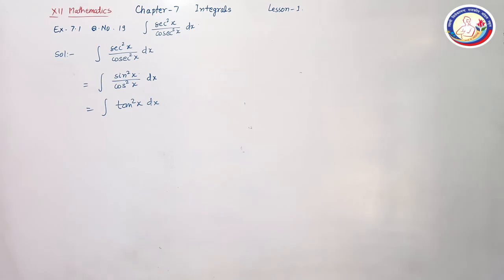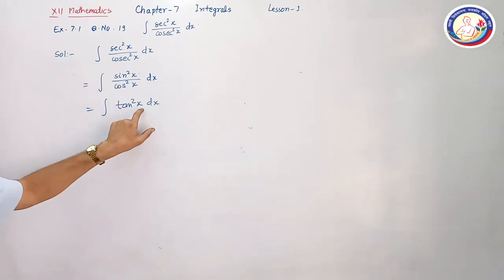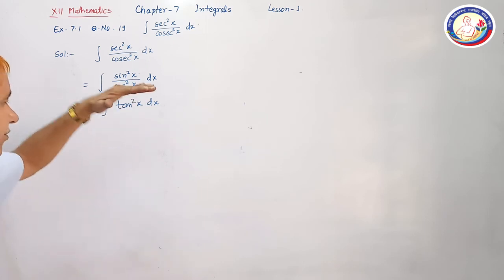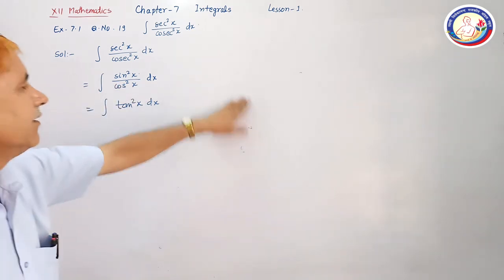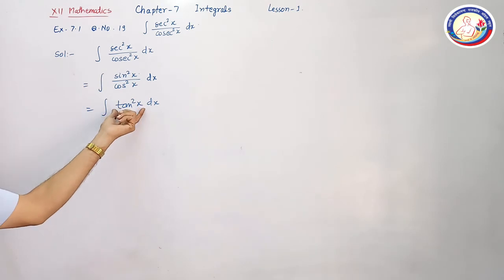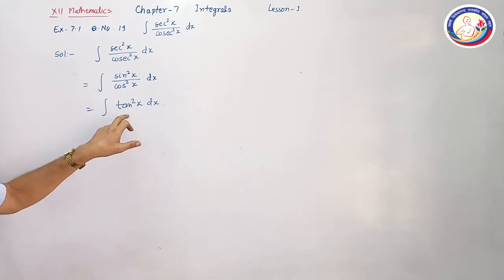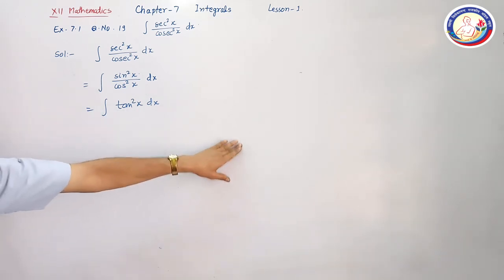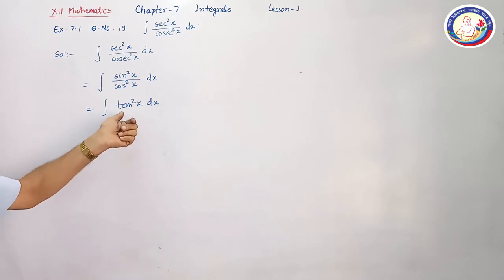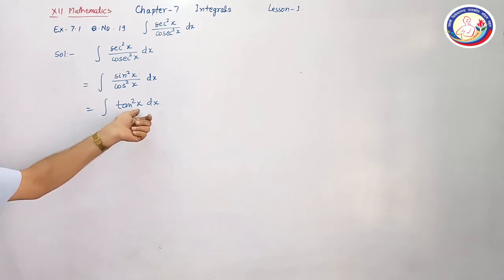Is there any function whose antiderivative is tan square x? No. So we have to use some trick to obtain the function in the form that we can have them in terms of derivatives.